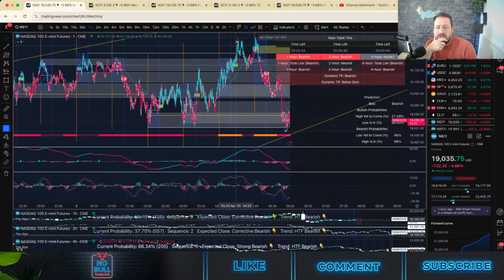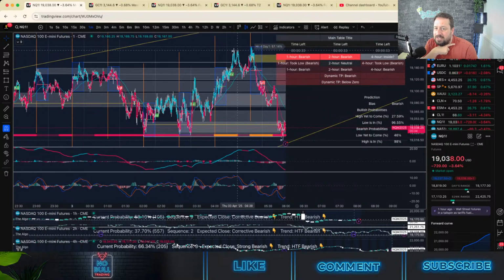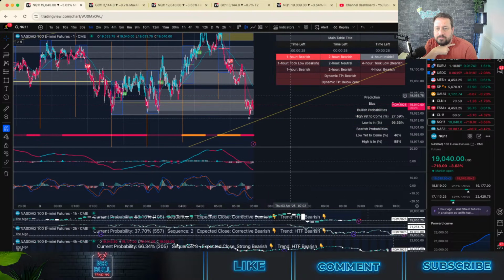So it took the high of the previous 4 hour. We know obviously the return to open, right? Once we take a high, we can sometimes then have that return to the open as a stat. The only thing I'd say is this was a bit late on in the 4 hour, like it's a bit late on. But when you got this sell signal and you're coming back under, then yeah, we can probably expect this as an area to visit.